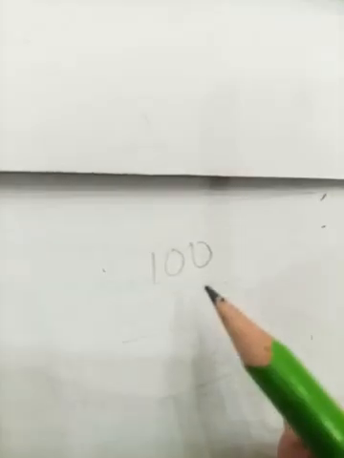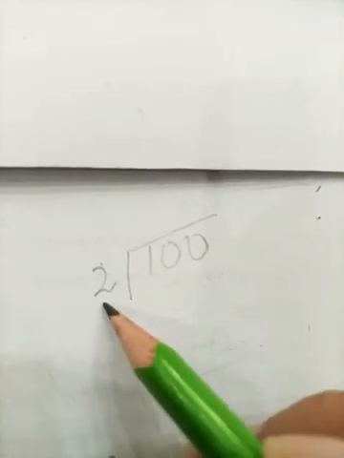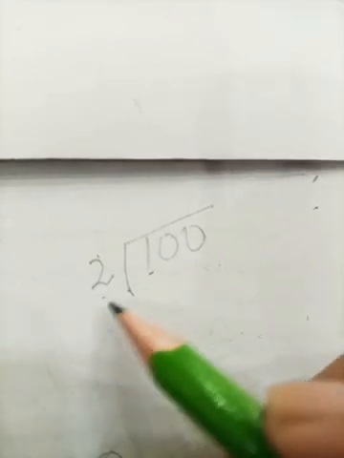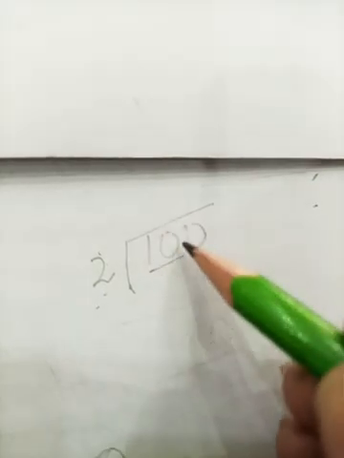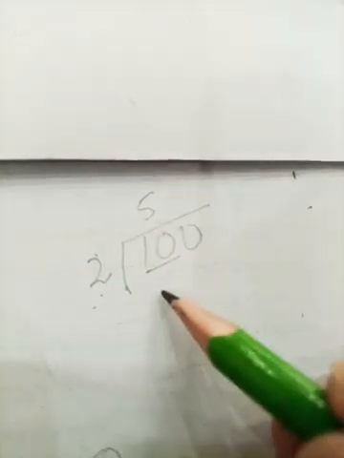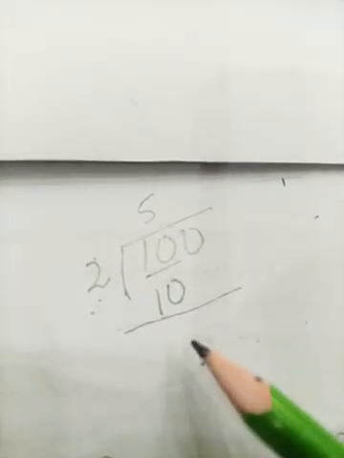Here are my 100 rupees and I am dividing these 100 rupees between my two siblings. 2. So students, look at this. The first digit is smaller than my divisor, so I will take the pair. This will become 10. So students, 10, 2 5s are 10. Next, 10 minus 10 is 0.